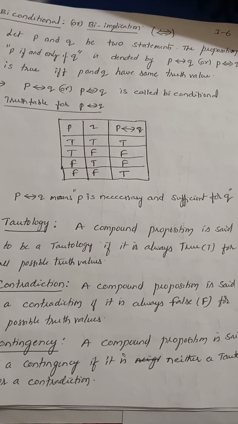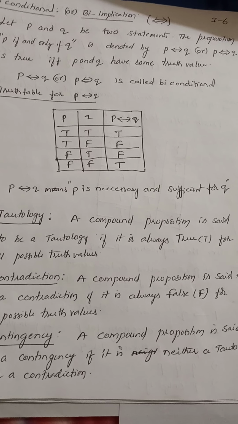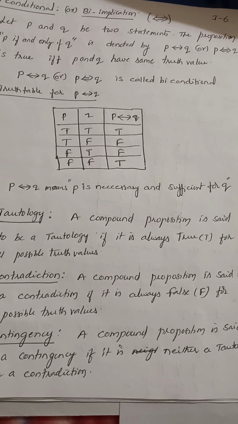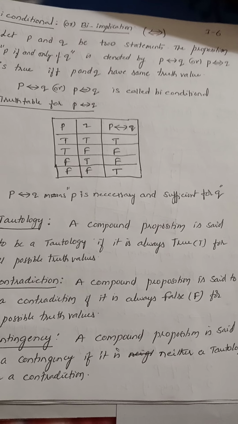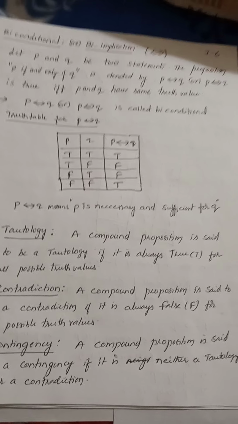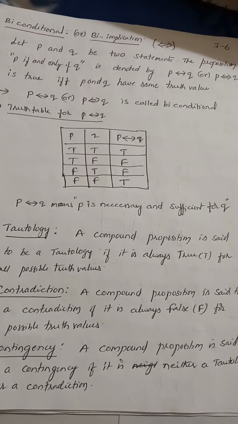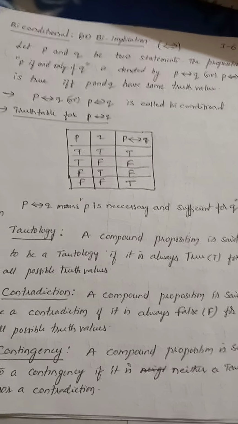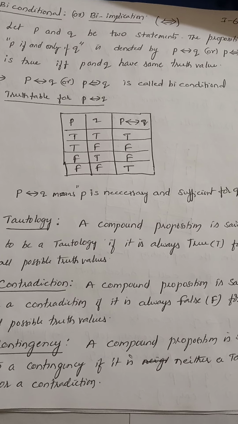That means if you construct the truth table for a given compound statement and the truth values of the last column are all true, then that propositional function is said to be a tautology.